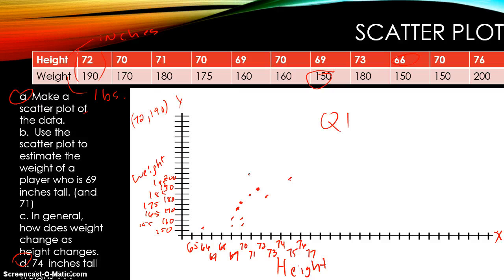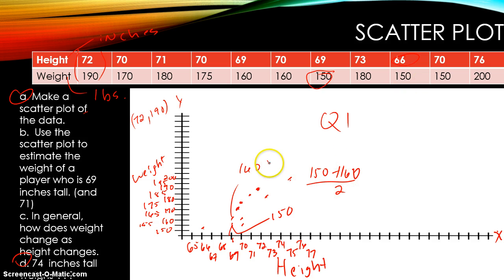Now use the scatter plot to estimate the weight of a player who is 69 inches tall. We know that at 69 inches tall we have somebody at 160 and somebody at 150. It says to estimate what you think somebody who is 69 inches tall would weigh.